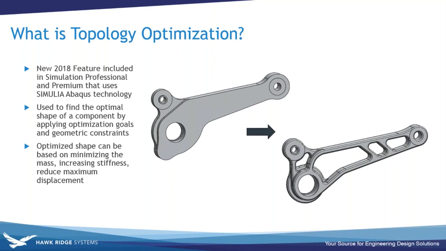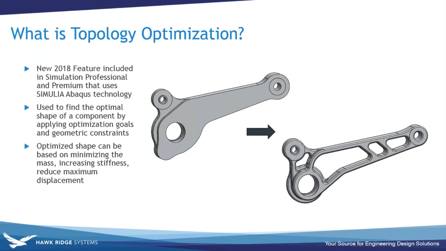So it's a means to find an optimal shape of a component by applying optimization goals and geometric constraints. And we'll talk about what those optimization goals and geometric constraint options are as we go throughout the demo of the tool.